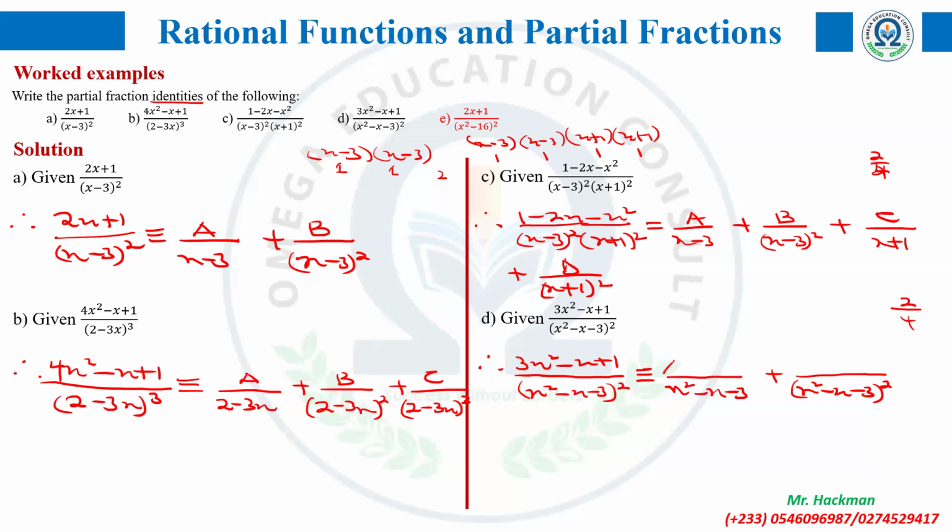So it will be Ax plus B, and this one ordinarily should have been Ax plus B, but A has been used, B has been used. So it means we have to go for Cx plus D. All correct. Yes, please. Okay, I guess my point is well made.